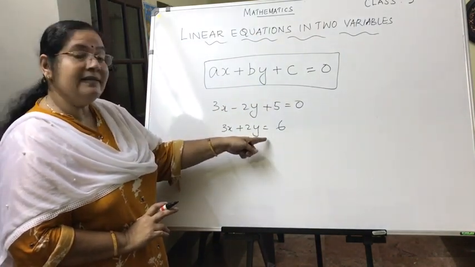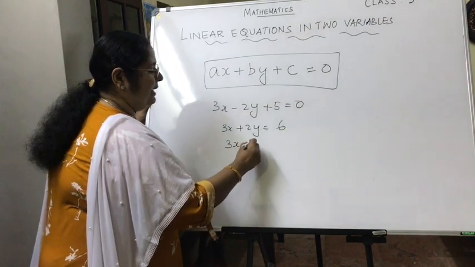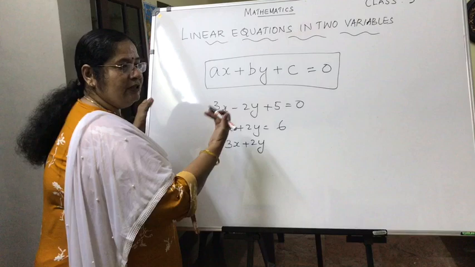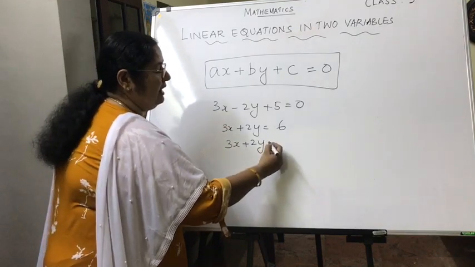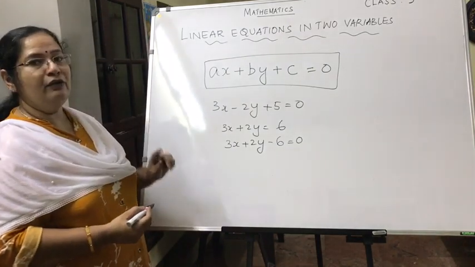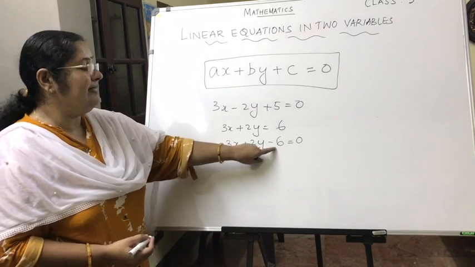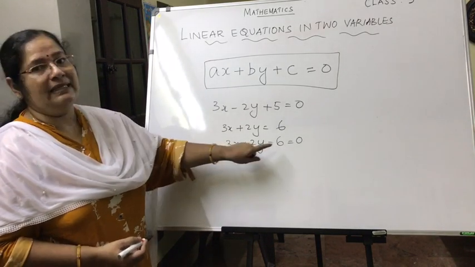How will you write this in the standard form? It will be 3x plus 2y. Bring the 6 also to the left hand side, so it becomes minus 6 equals 0. Now a is 3, b is 2 and c is -6.